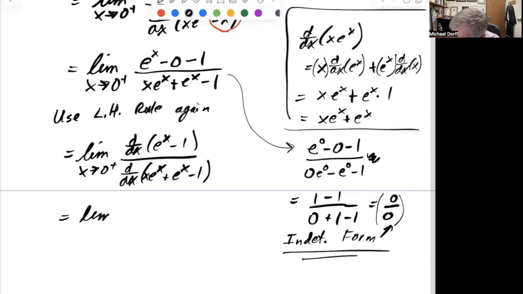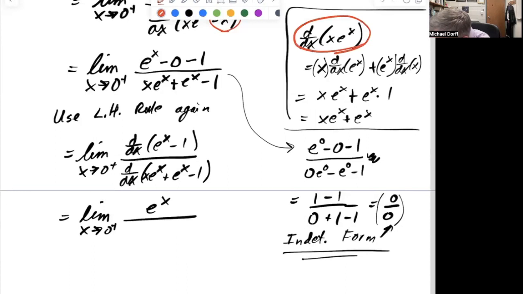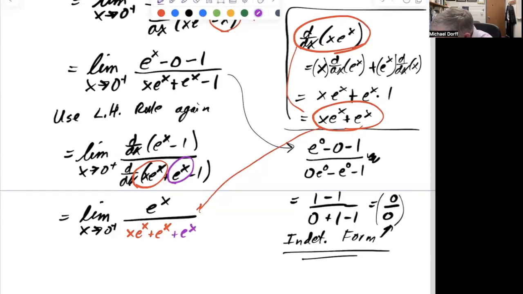And that's going to give me the limit as x goes to 0 of e to the x in the numerator. And in the denominator, we can use the fact that we saw the derivative of x e to the x equaled this, so we're just going to put that down there. We're going to get x e to the x plus e to the x. And then we have the derivative of e to the x, which is e to the x. And then we have minus 1, whose derivative is 0.